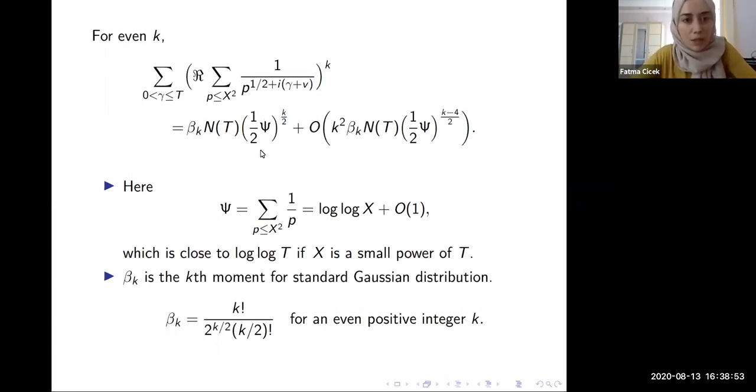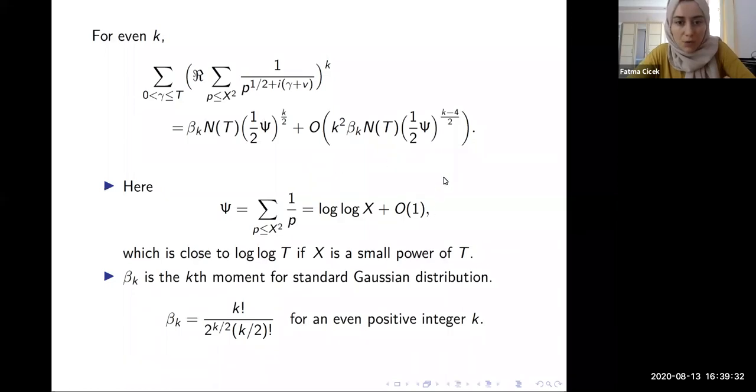So let me explain these coefficients, beta k. The beta k is the kth moment of the Gaussian distribution with mean 0 and variance 1. So it's actually just all the odd numbers that are less than k multiplied together. And this c is just the sum of 1 over p. This 1 over p will come from the diagonal terms that we had, 1 over p to the 1 over 2 times 1 over p to the 1 over 2 when they are combined together.